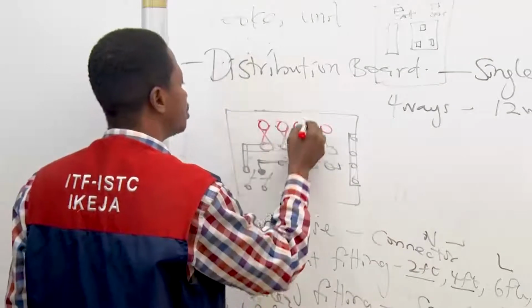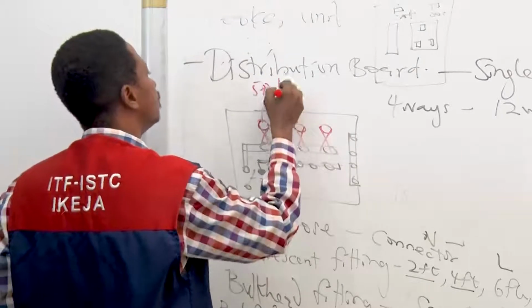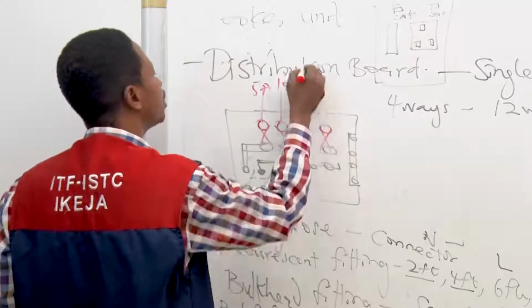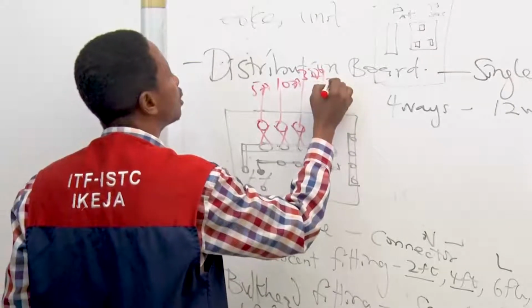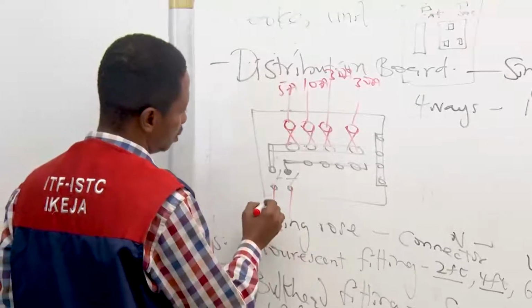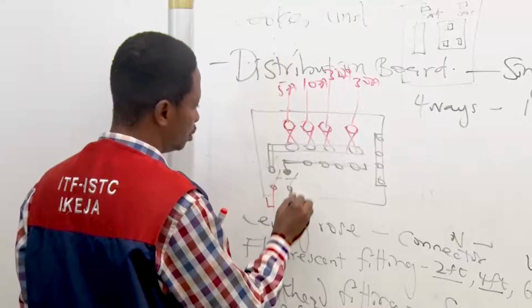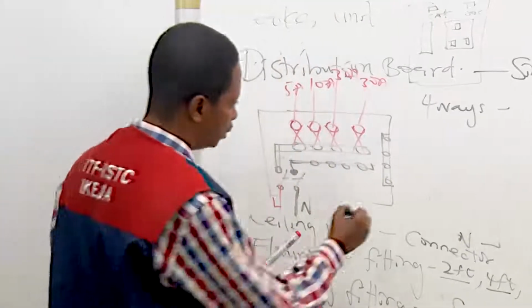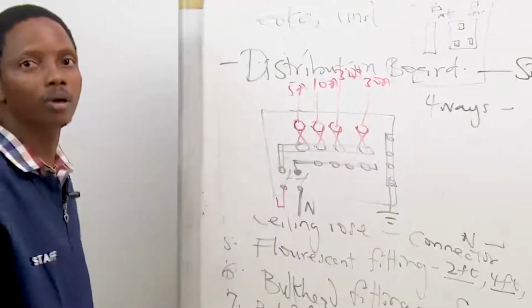These are the fuses: 5 amp lighting, 10 amp, 13 amp sockets, 30 amp AC, another 30 amp cooker. This one is for live, and this one is the neutral. And this is the earth cable. This is a 4-way distribution board.